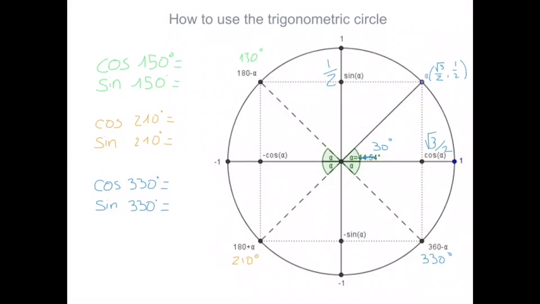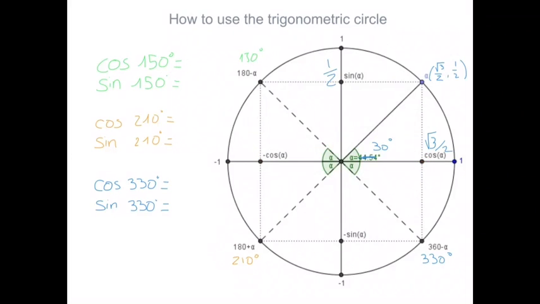So let's start with the cosine of 150 degrees. 150 degrees is this angle here, so this point here represents 150 on the trigonometric circle. The cosine of this point is its x-coordinate that you read here on the x-axis. For symmetry reasons, you see that this value here is going to be the inverse of this one.